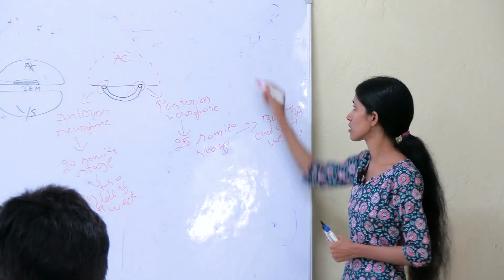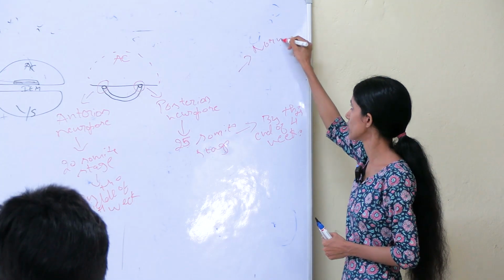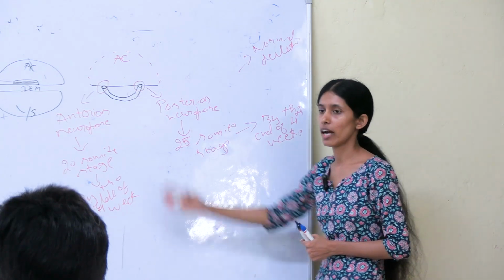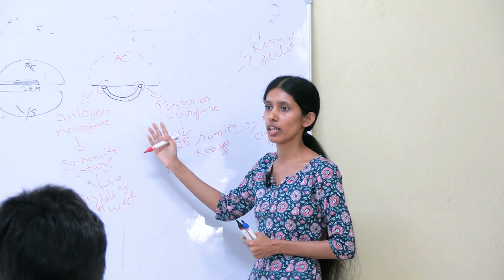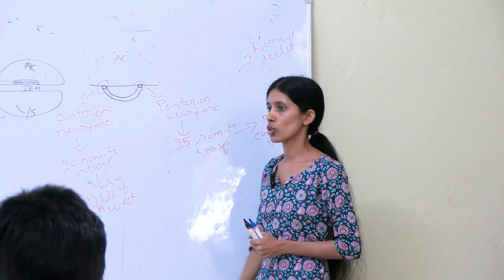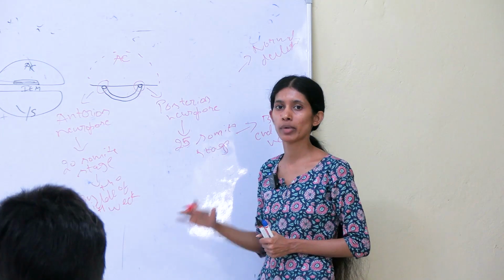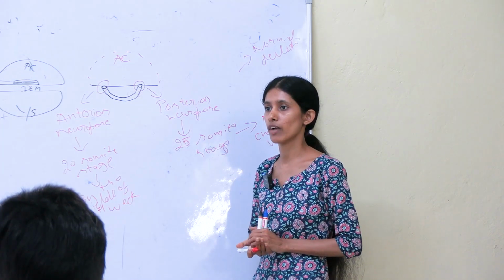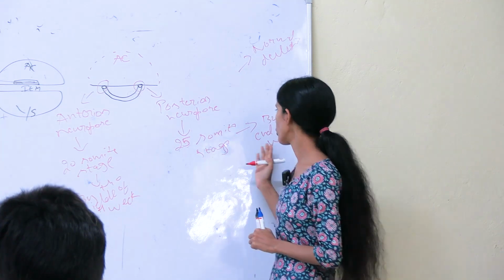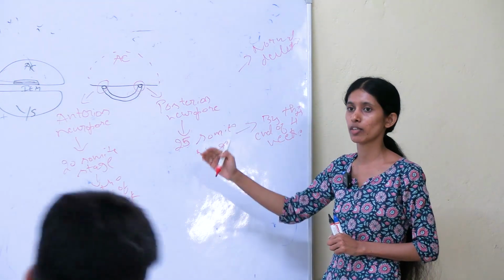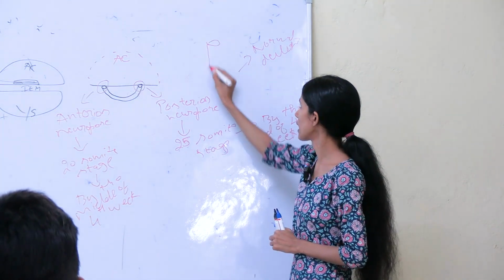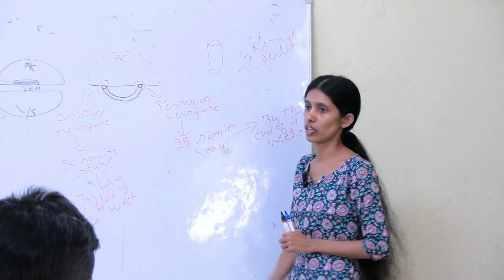This is the normal development. We have the anterior neuropore and posterior neuropore. In the 3rd week, it is still dependent on your amniotic cavity for nutrient and nourishment, but by the end of the 4th week, it will get separated from your amniotic cavity and present as a tubular structure.